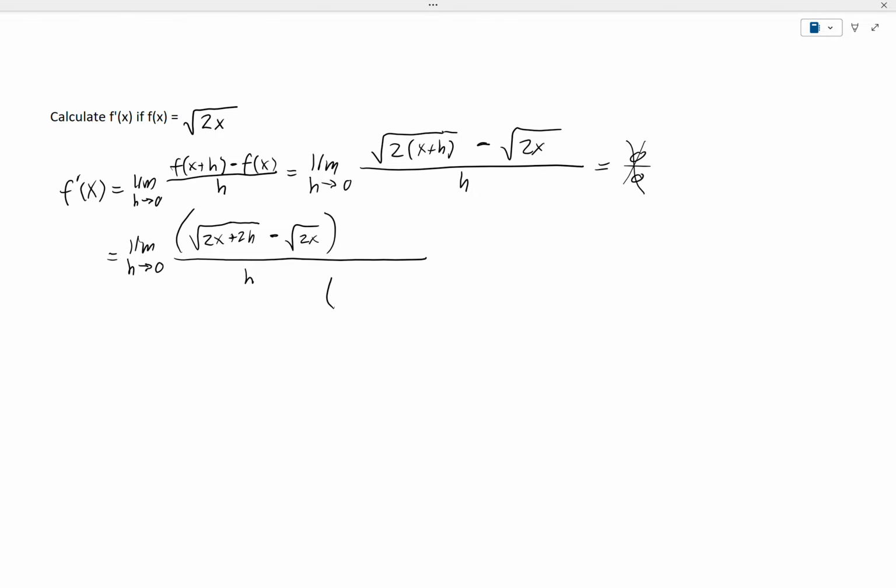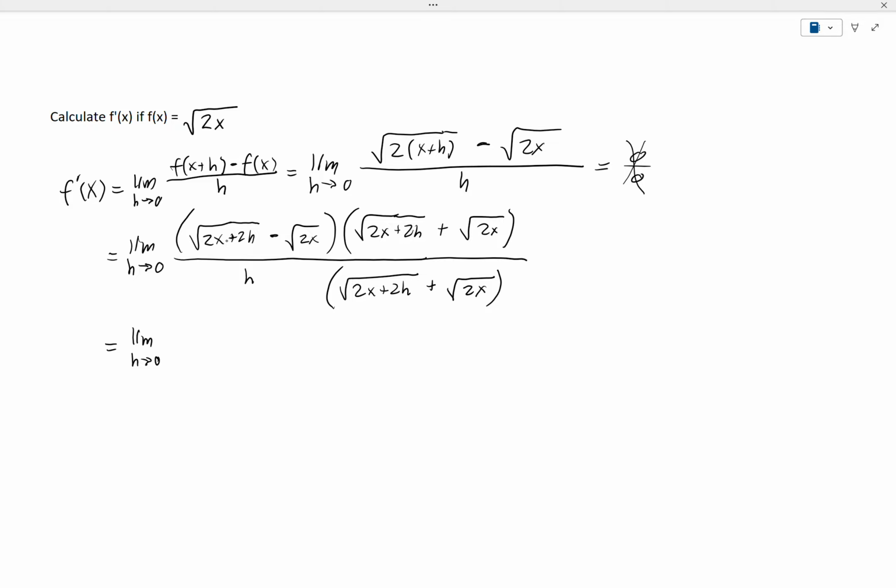So the conjugate is just the same thing, except for one little change. And that change is that you change the sign between the two terms. And this might look like we just made things a lot worse, but it's going to be better in the long run. So limit as h goes to 0.